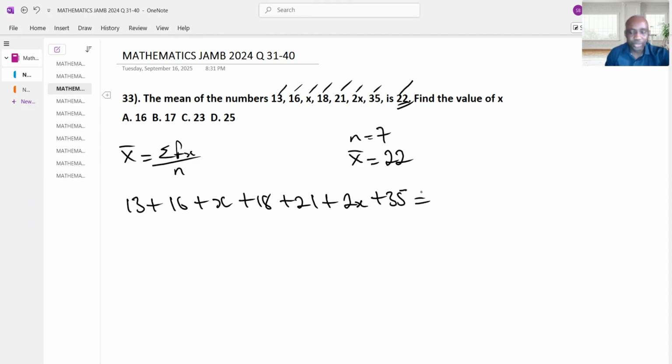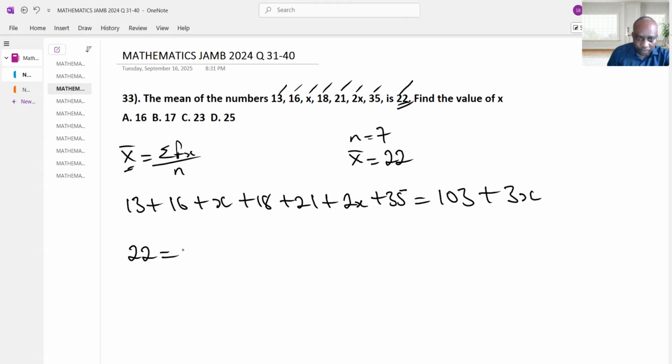What is it going to give us? 13 plus 16 plus 18 plus 21 plus 35 gives 103, plus x plus 2x gives 103 plus 3x. Now, let's write this. Our mean is what?